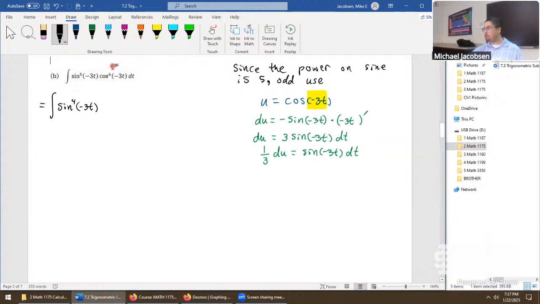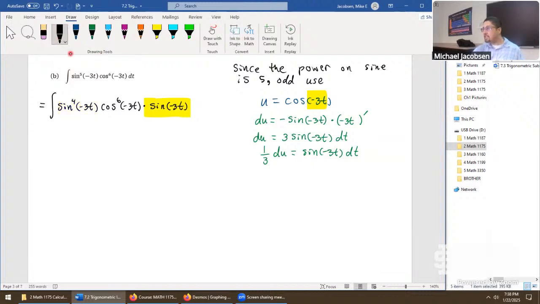We're okay with cosine power 6 because that's just going to turn into u power 6. So we copy this down. Then to the right of the multiplication, you don't need the multiplication symbol, but this is me organizing the integrand. Because we dropped the power by 1, we have to include it over here. Sine negative 3t. Now this component and this factor makes up the power 5 here. So we didn't break anything in algebra.